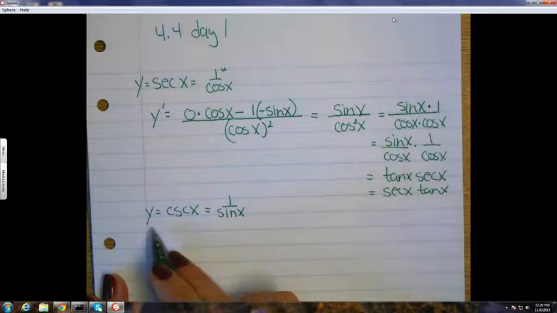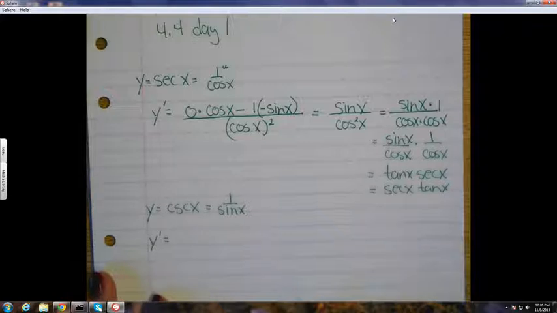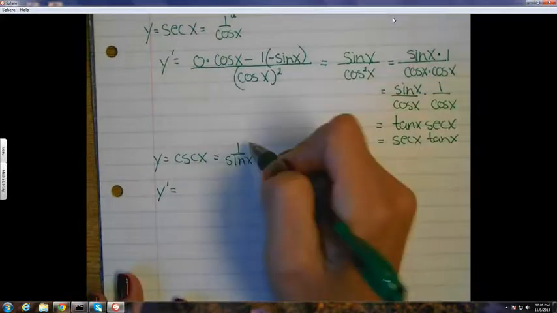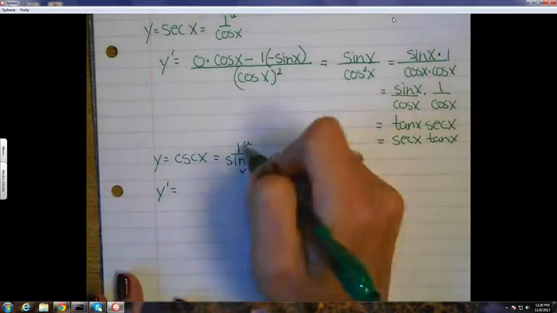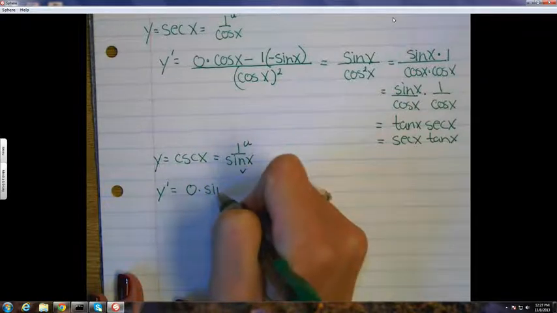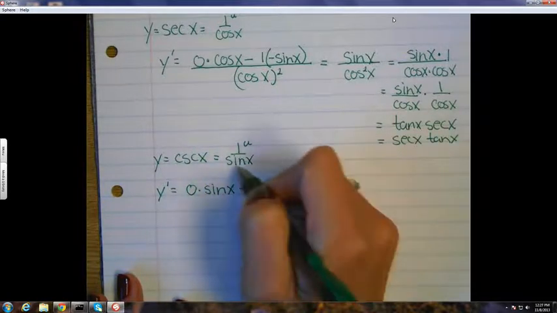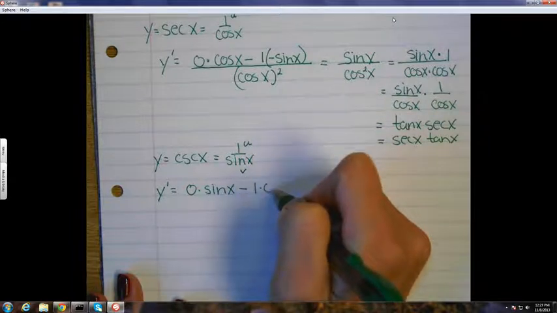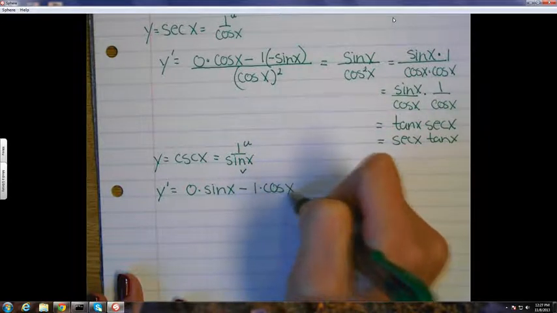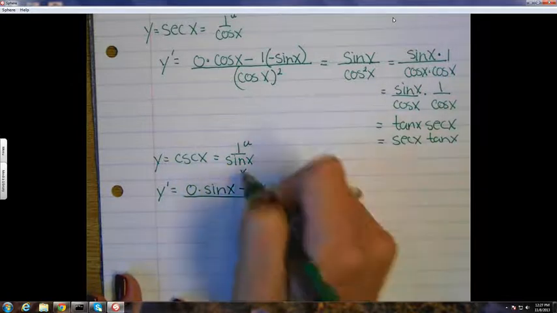Now we'll go into the derivative of this and see what the cosecant derivative rule is going to be. So quotient rule, u over v. Derivative of 1 is 0 times sine minus the top, derivative of the bottom is cosine. That would be times 1 all over bottom squared.